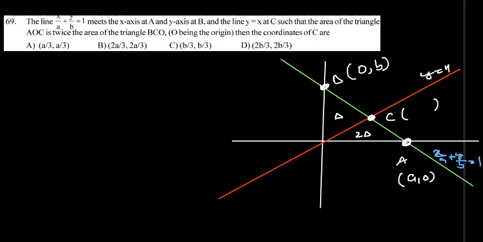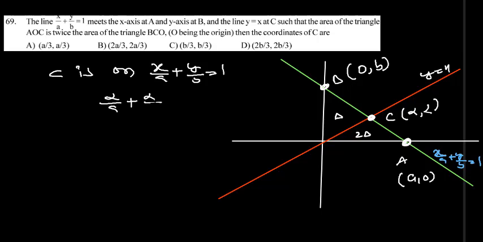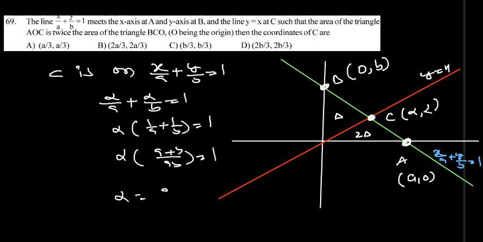One more thing: C is on the line x by a plus y by b equal to 1, meaning alpha by a plus alpha by b equal to 1, meaning alpha times (1 by a plus 1 by b) equal to 1, alpha times (a plus b) by ab equal to 1, so alpha equals ab by (a plus b). The actual C coordinates are (ab/(a+b), ab/(a+b)).